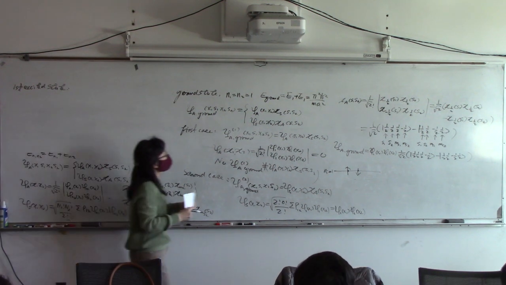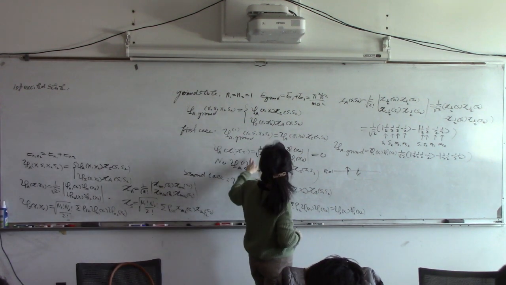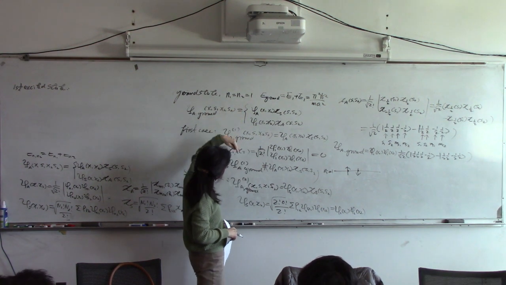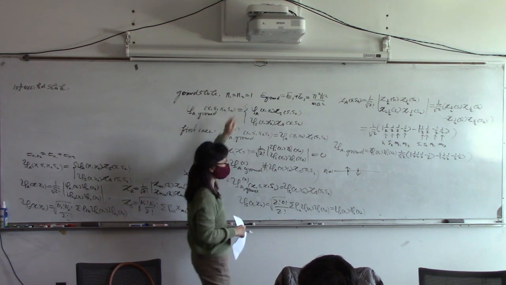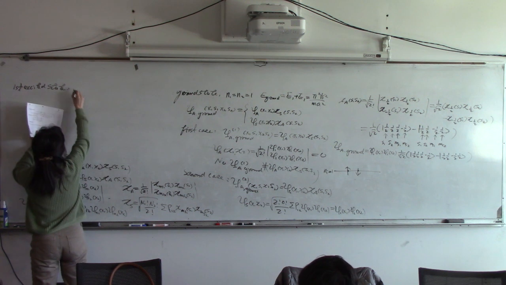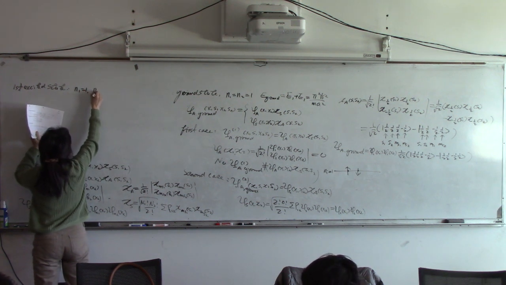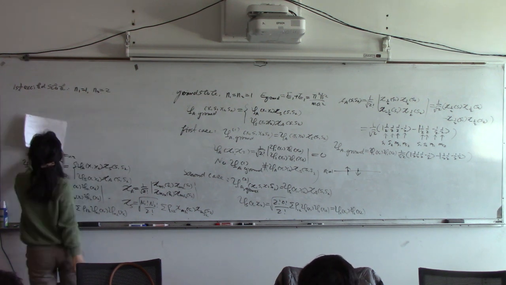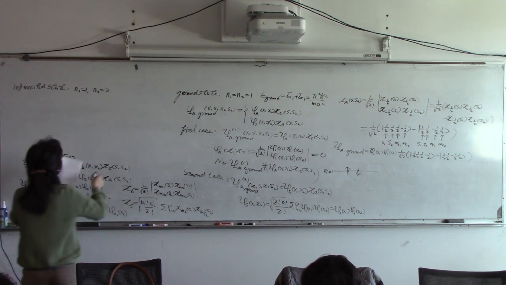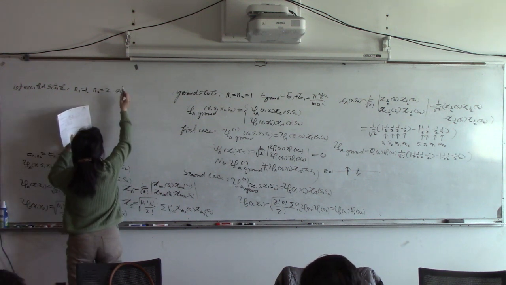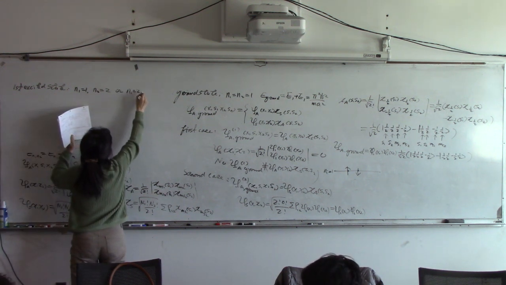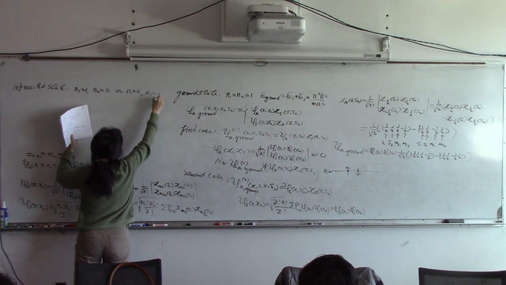Definitely, since this is the lowest, then this must be 1 and go to the second one, right? So that means n1 equals 1 and n2 equals 2. Because they are indistinguishable, that's it, right?